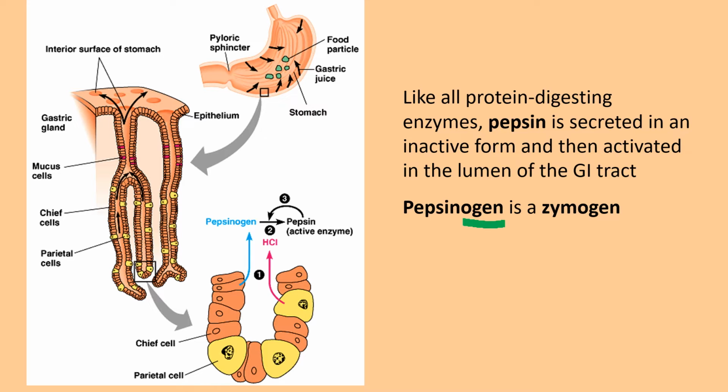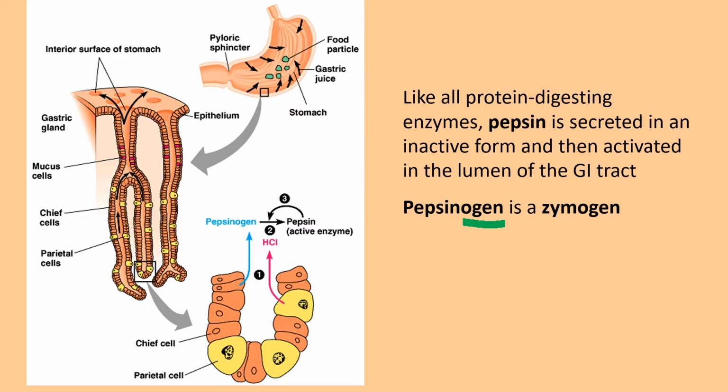We've encountered this before in the cardiovascular system when we looked at the clotting cascade. Ogen is a suffix that indicates that the molecule is an inactive precursor. In the clotting system, we talked about fibrinogen, for example. Fibrinogen is inactive. It's a precursor to fibrin. Well, that applies here. Pepsinogen is inactive. It's a precursor to pepsin.